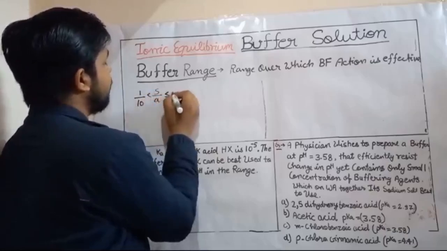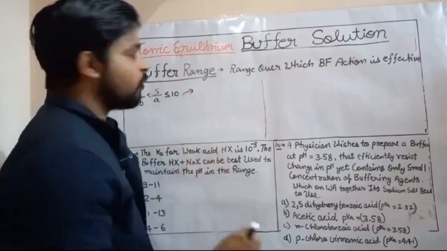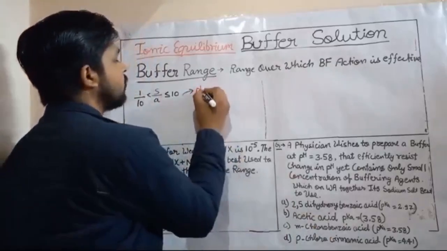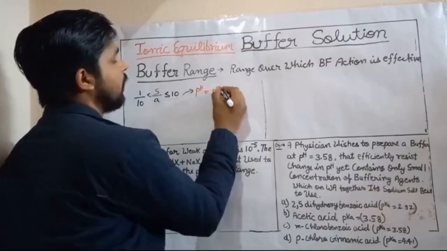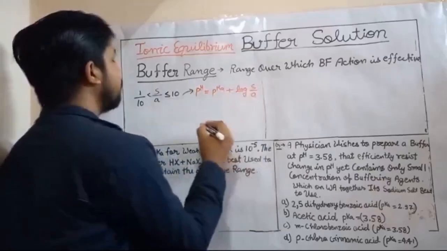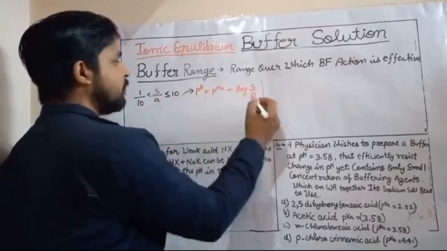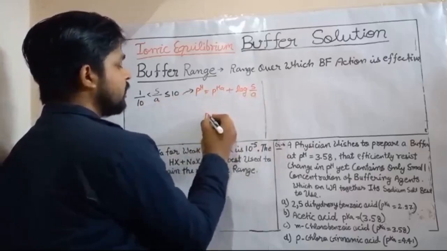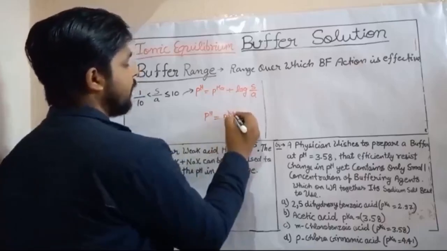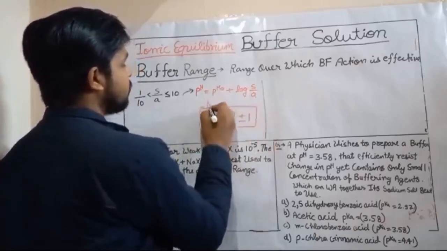Okay student, if we put this salt by acid concentration in the Henderson equation for acidic buffer solutions, the formula of the Henderson equation for acidic buffer is pH is equal to pKa plus log salt by acid concentration. If we put salt by acid concentration 1 by 10 one time and then 10, the pH range lies between pKa plus minus 1. So it is the range for acidic buffer pH.